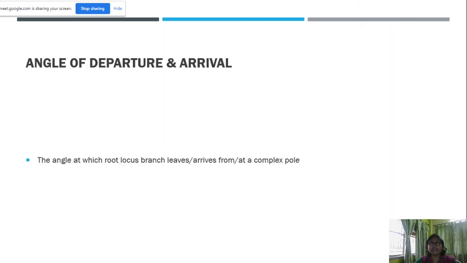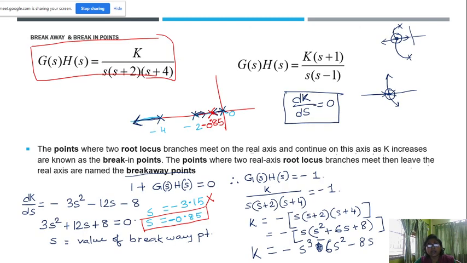We will discuss angle of departure and angle of arrival with another example in the next class. Today we are ending this, so let me give you a summary.